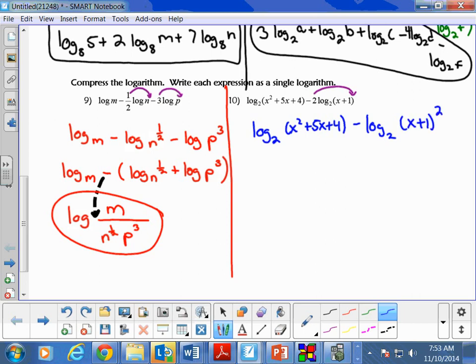Okay, now when we do the compression, we'll get log base 2 x squared plus 5x plus 4 all over x plus 1 squared. Now, we're not done because we're able to factor this.